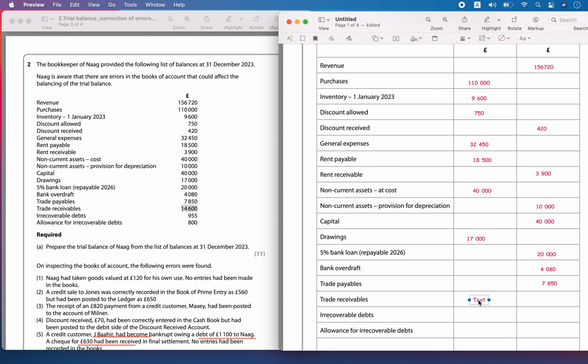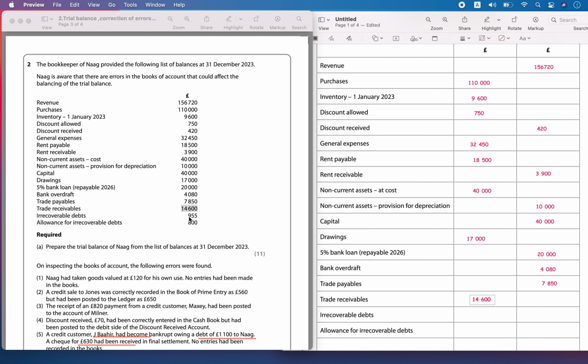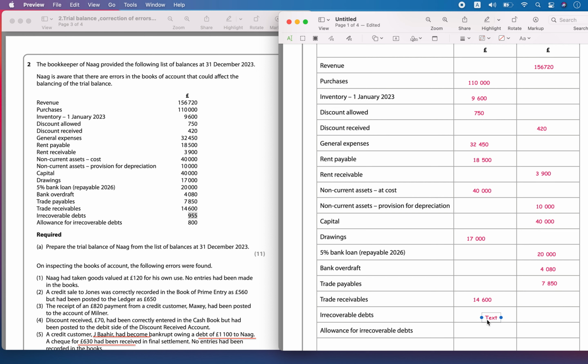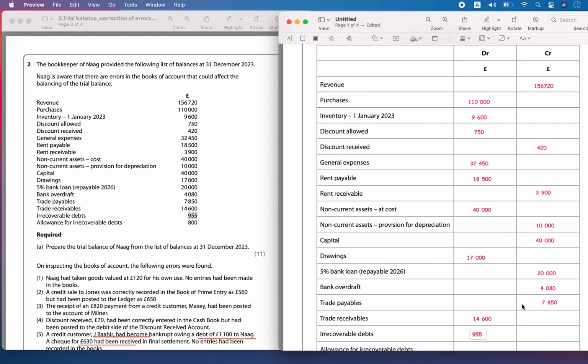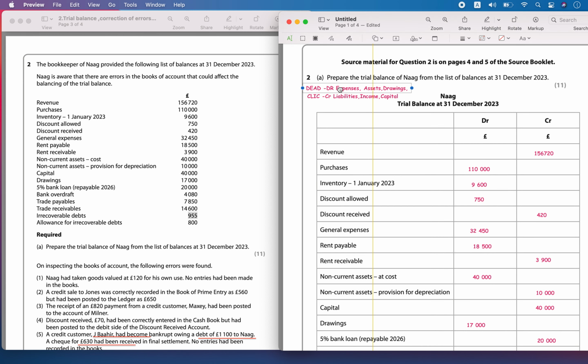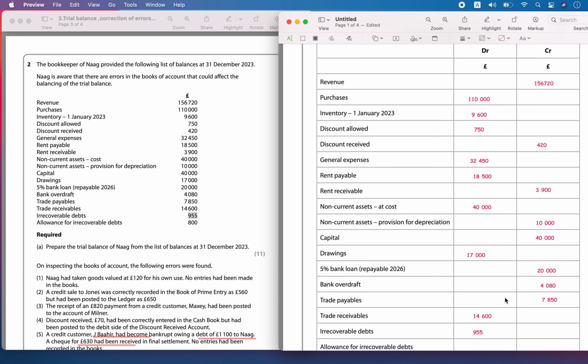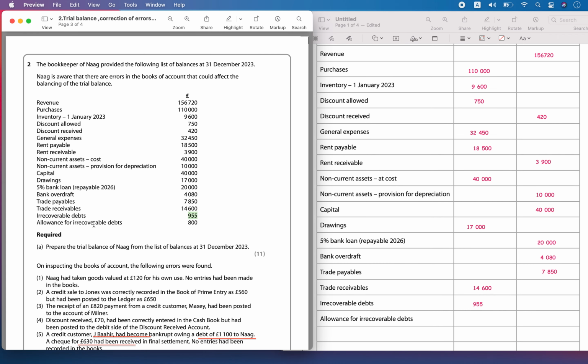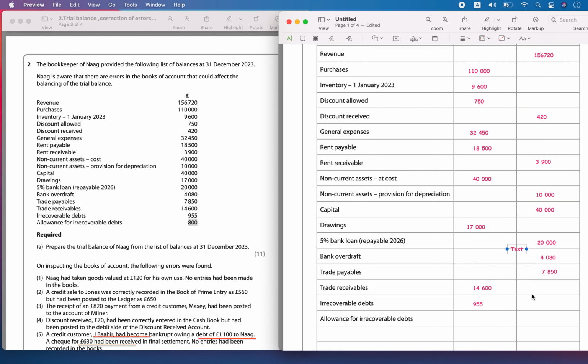It's a current asset. Then irrecoverable debts, 955. It is like an expense, so I'm going to put it under the debit balance. Then allowance for irrecoverable debts, the provision you are going to make for irrecoverable debts. It is a credit balance.